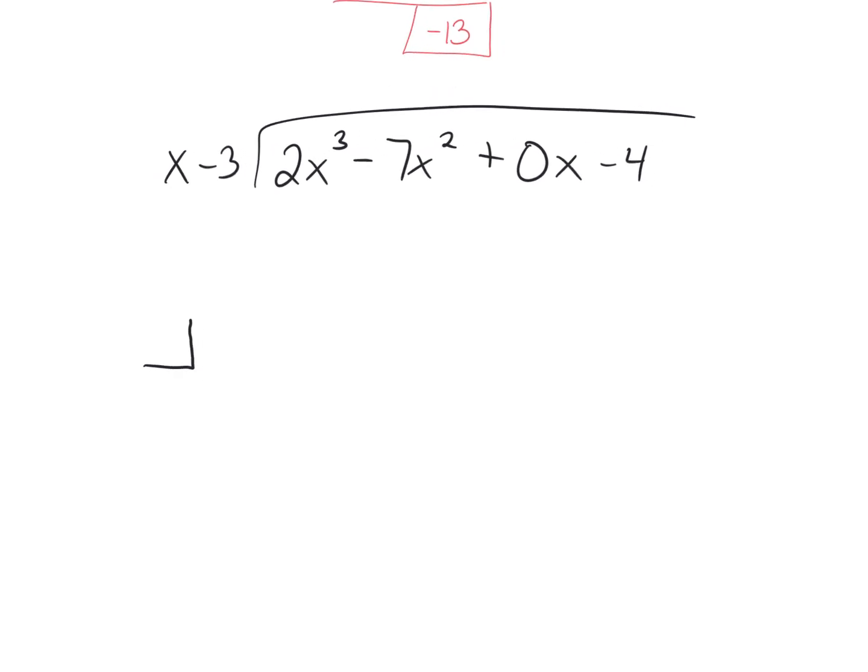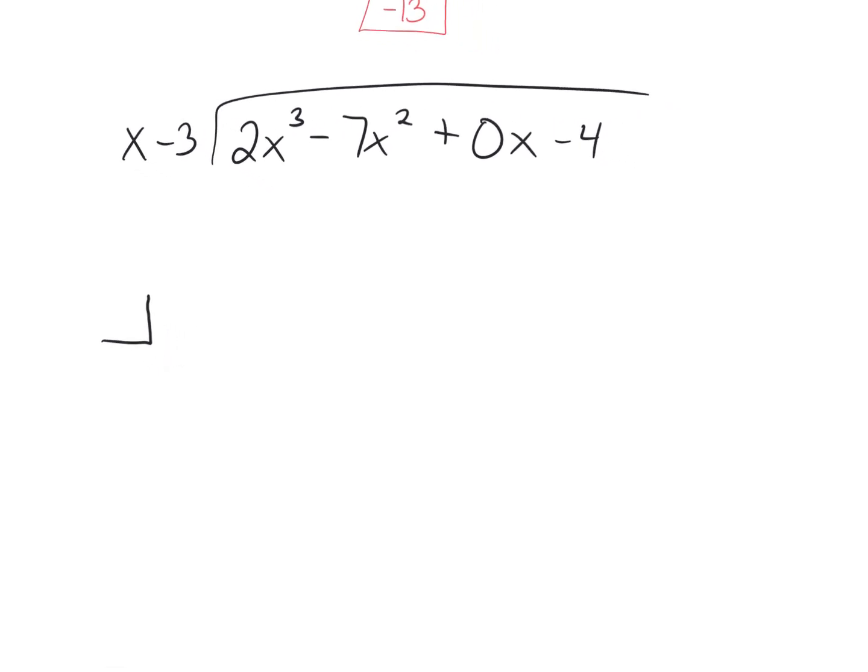So if I told you, find the 0 of what we're dividing by, we talked about this a couple chapters ago, we would take x minus 3, set that equal to 0 to find its 0. How would I solve that for x? I would add 3, so I would get x equals 3. So 3 is my 0 that I'm using for synthetic division.